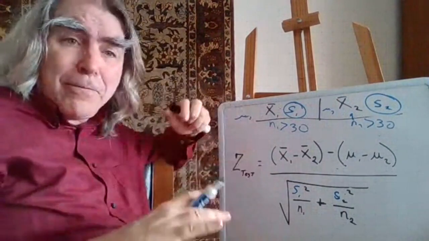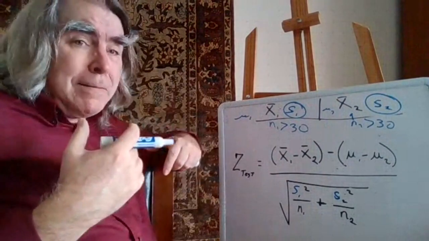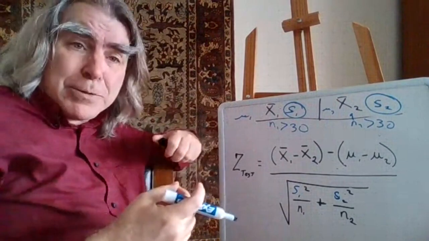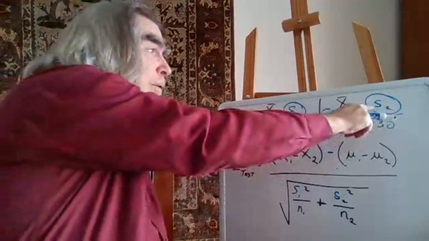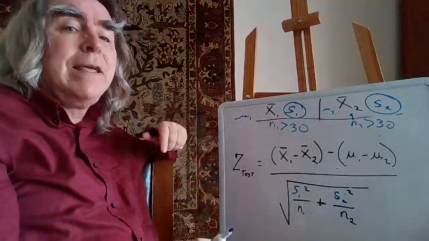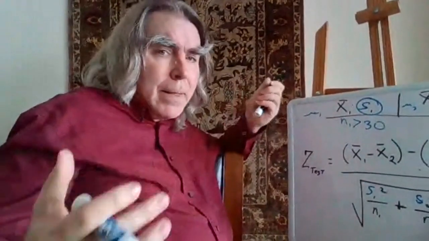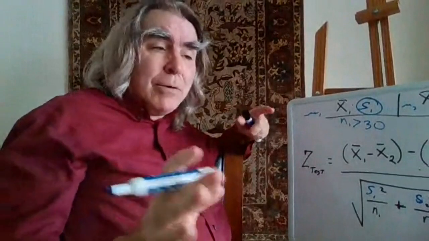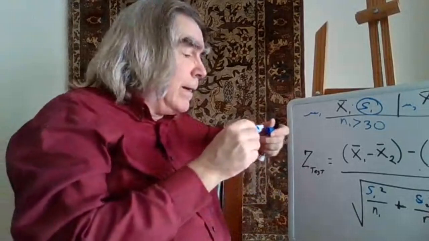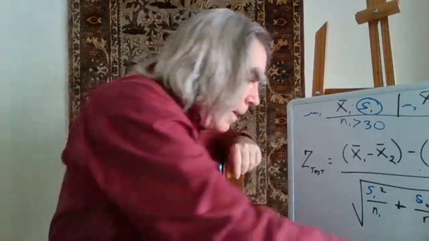There's even a more complicated formula for pooling standard deviations, which allows slightly more accurate judgments. I'm not going to go into that. Your book goes into greater detail, talking about pooled standard deviation functions. All right?